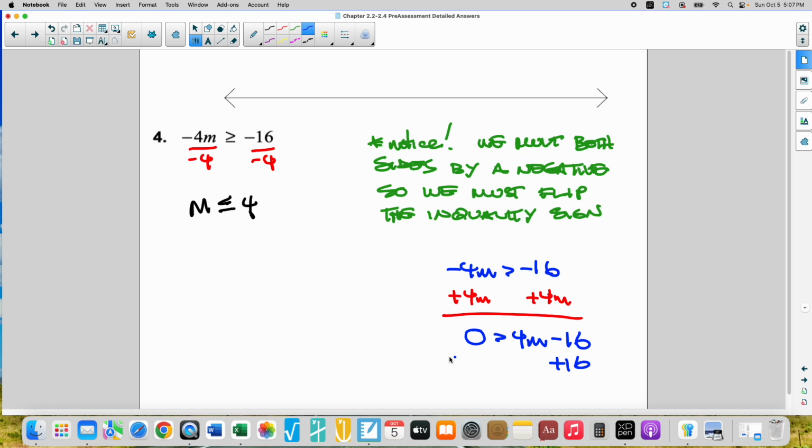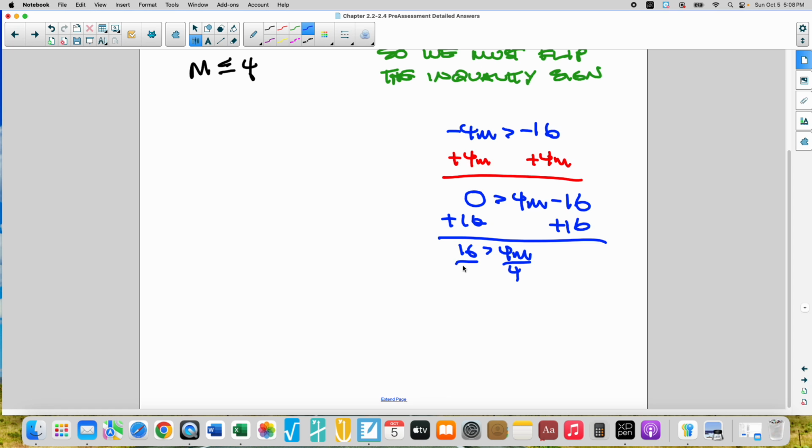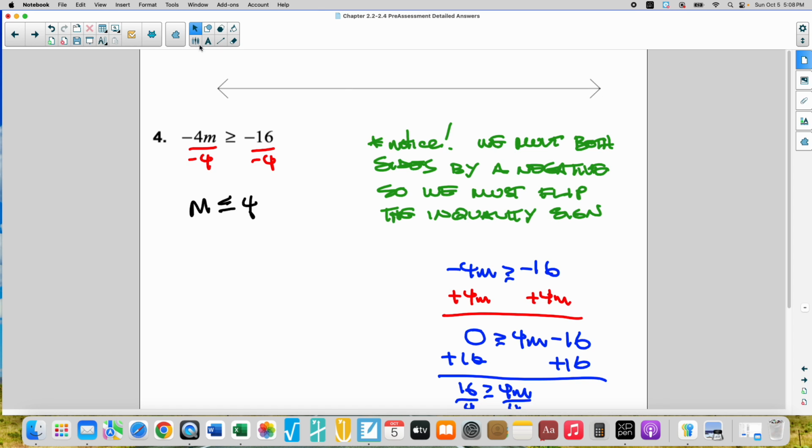And then we can add 16 to both sides. And we get 16 is greater than 4m. And then we divide by 4. And we get 4 is greater than m, or m is less than 4. Or less than or equal to, whoops, I forgot all my equal to's, sorry. And so notice that when we moved it, it flipped. So that's the tricky part. That's the big idea here.